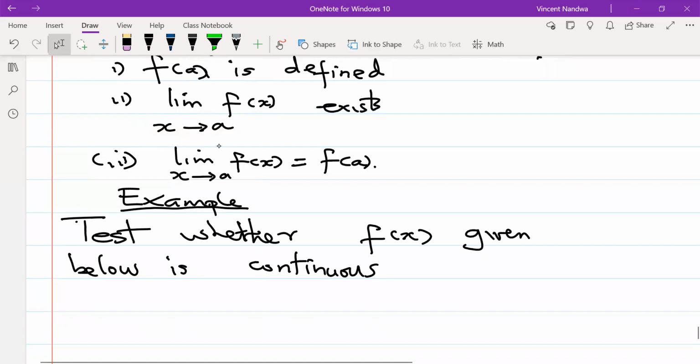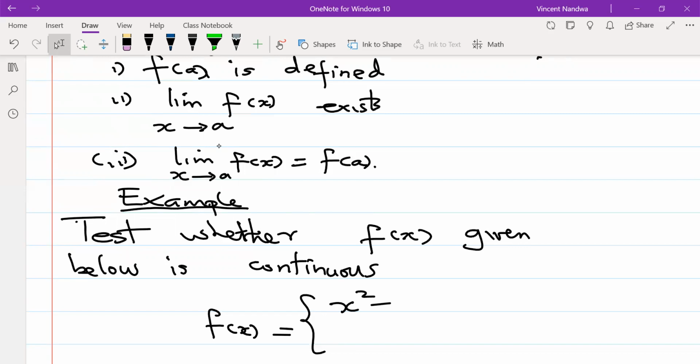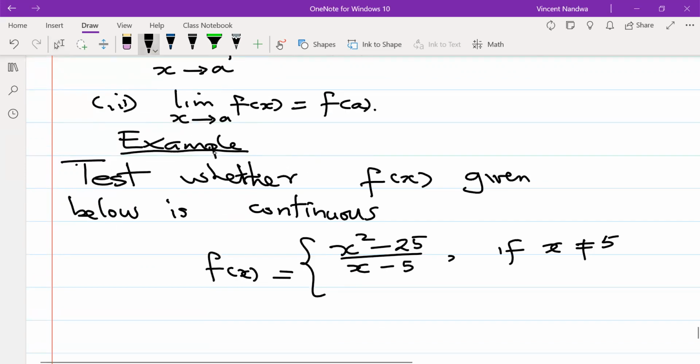So this is the function. f of x is given by x squared minus 25 over x minus 5 if x is not equal to 5, and 10 if x equals 5.